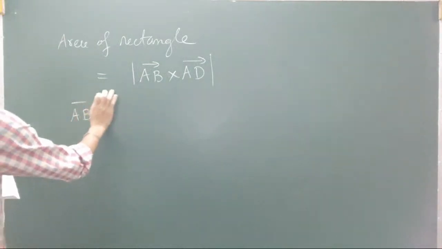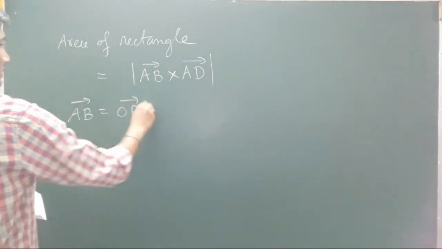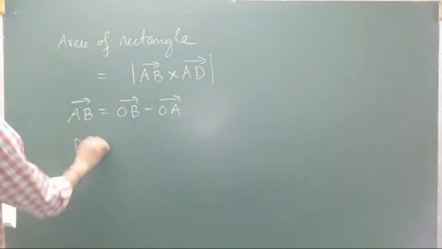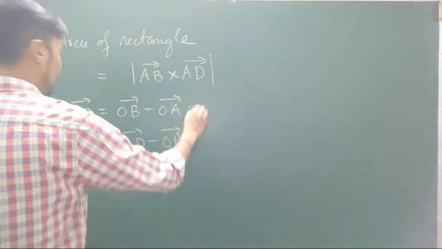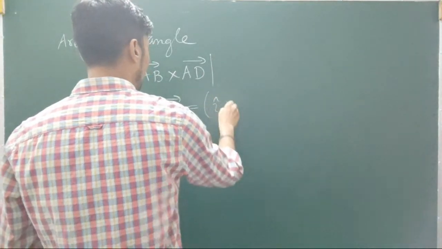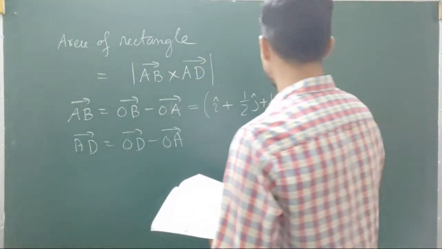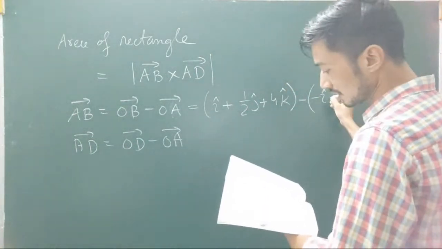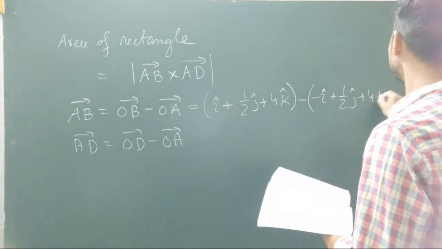So for that, we will have to first find out AB vector, that is position vector of B minus position vector of A, and AD vector, that is position vector of D minus position vector of A. So position vector of B is the second, that is i plus 1 by 2 j plus 4k, minus position vector of A, the first vector, minus i plus 1 by 2 j plus 4k.